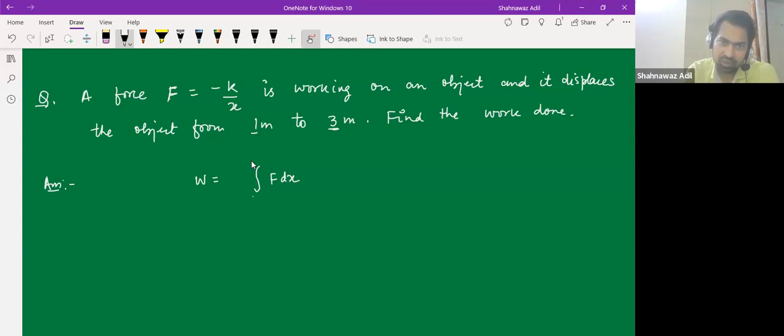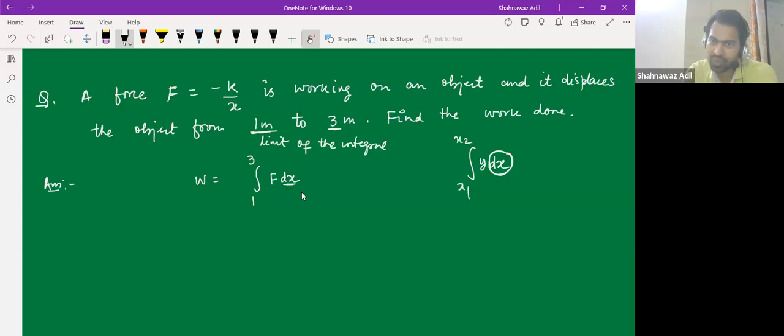This is the limit of the integral because this is the position of x, from 1 to 3. Whenever you have an integral of y dx, you write the limits of this x, so x1 to x2. x1 is 1 and x2 is 3 meters. So this would be the work done.